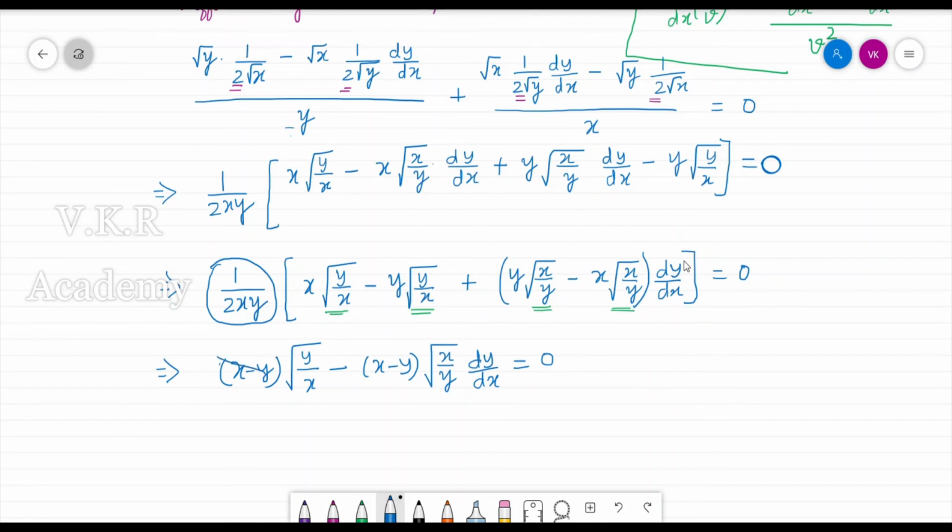So dividing by x minus y on both sides, we have dy by dx is equal to root of y by x divided by root of x by y, that is equal to y by x.